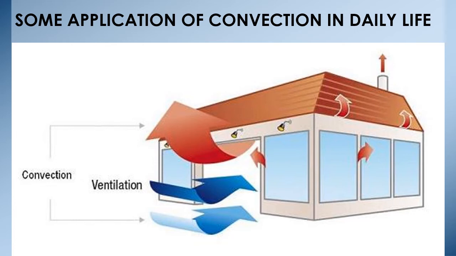The warm air is less dense, so it rises up and leaves the room through the ventilators provided on the top of the room. To fill up that place, cold air enters the room through doors and windows. In this way, a proper circulation of air inside the room is maintained to keep air in the room fresh.